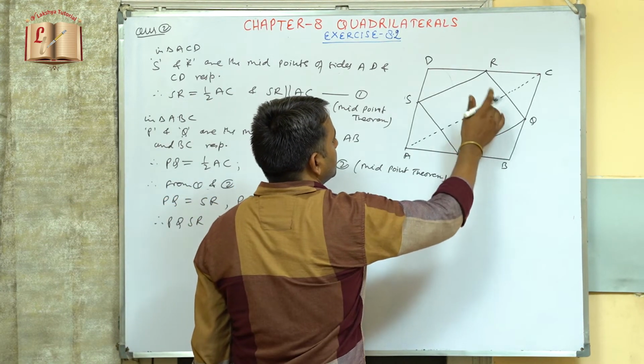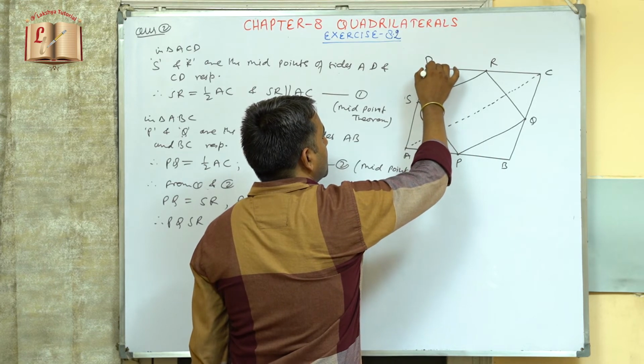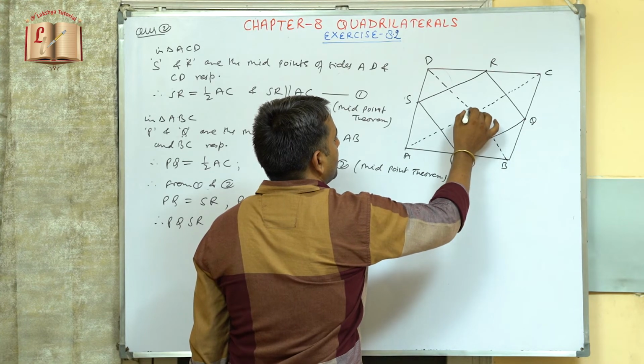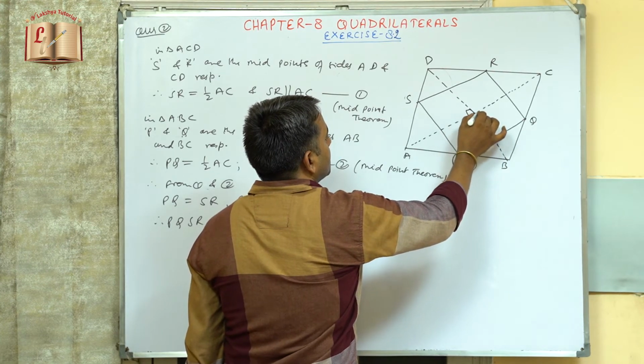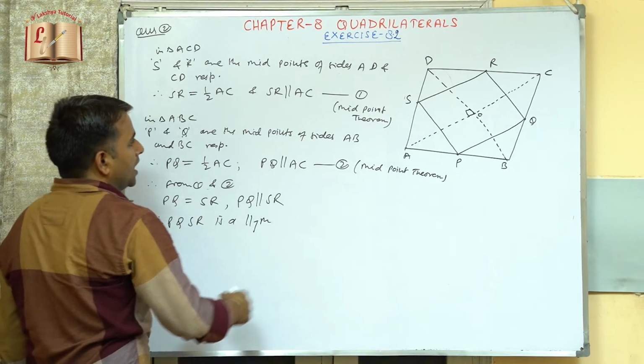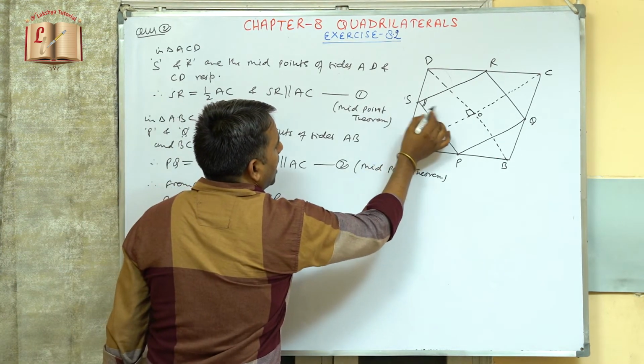Now see that this is a rhombus already given to us, and if we join this, in a rhombus the diagonals bisect each other at 90 degrees.